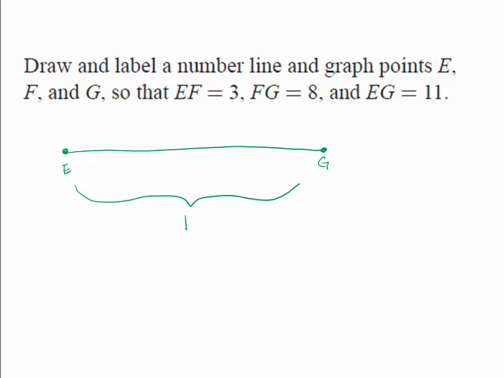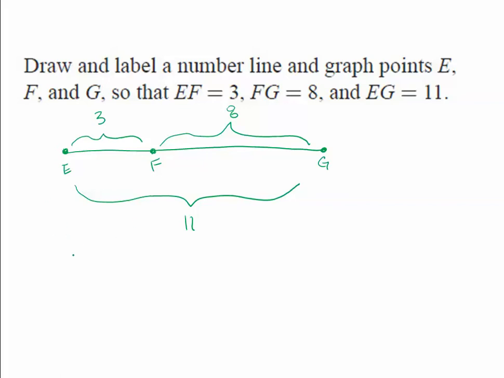That's going to be 11. And then I know from E to F is 3 and from F to G is 8. So I'm going to put F about right here. And I know that's 3 units, and I know that's 8 units.